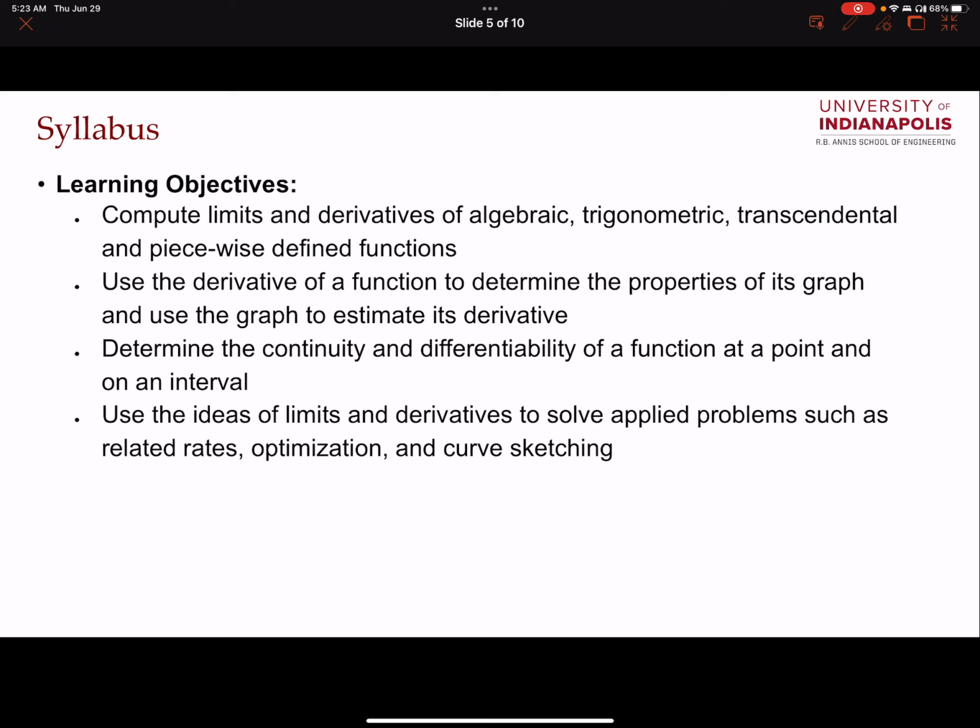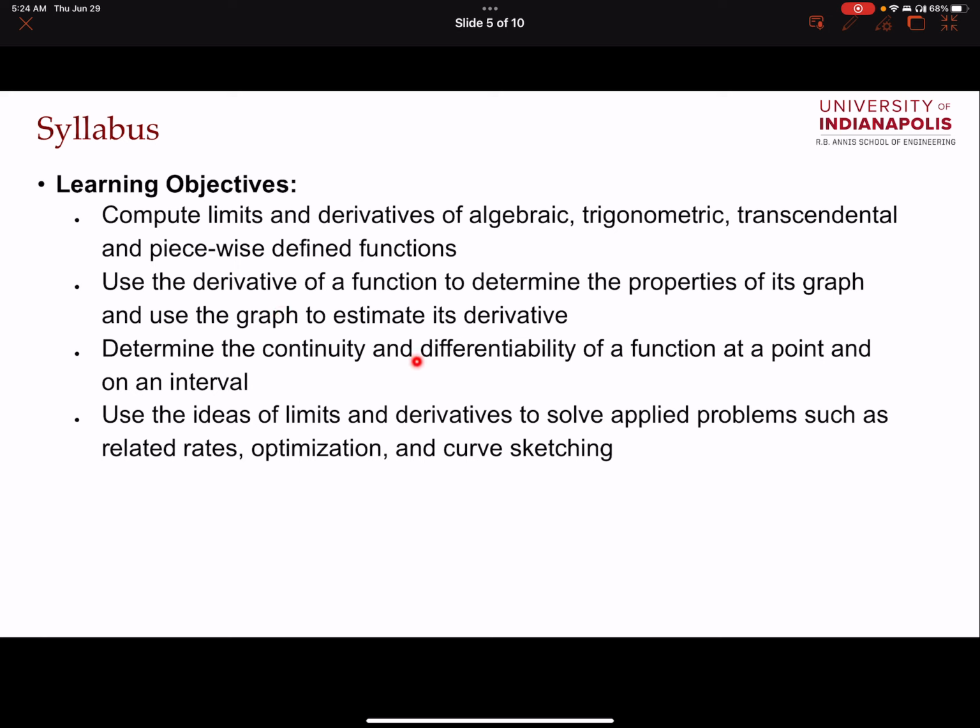Learning objectives. At the end of the class, you should be able to do these things: compute limits and derivatives of algebraic, trigonometric, transcendental, and piecewise defined functions. Use the derivative of a function to determine the properties of its graph, and use the graph to estimate its derivative.